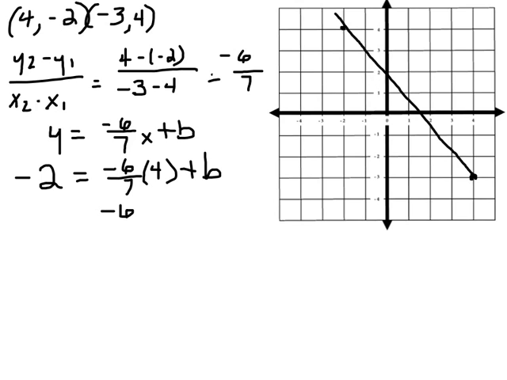Negative 6 times 4 over 7 equals negative 24 over 7. So I'm going to make this negative 2 a negative 14 over 7, so that I'm going to have this common denominator, plus b.